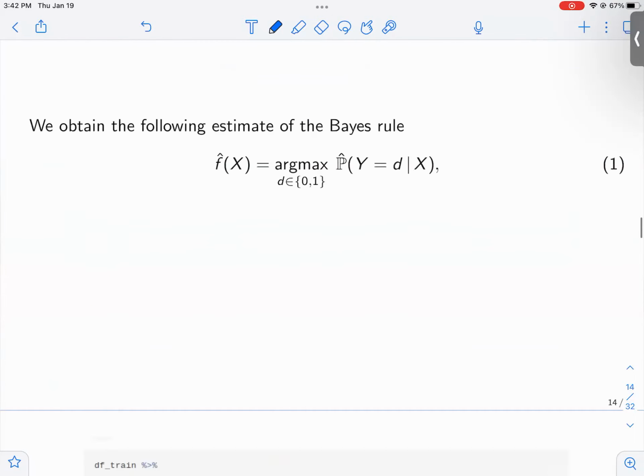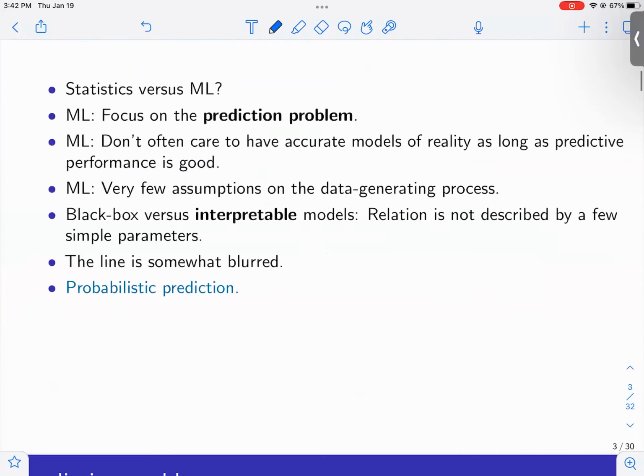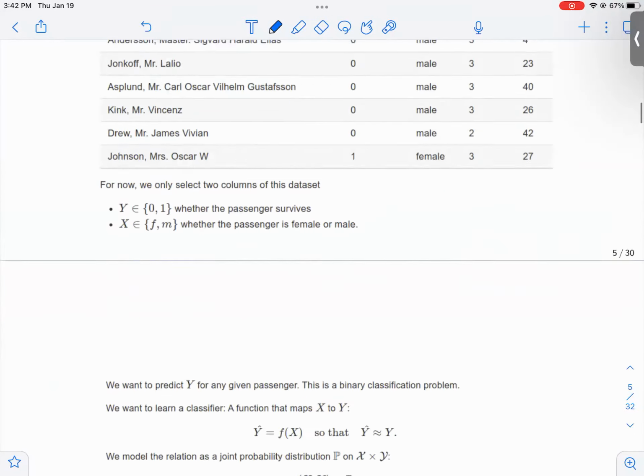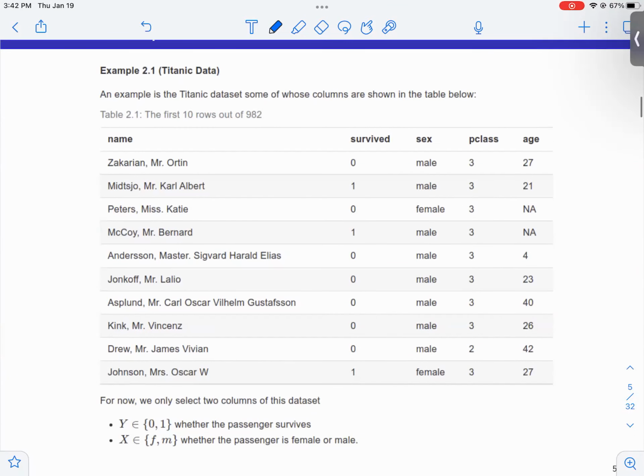So let's say this is the data. I have a rule, a classifier. How can I measure how well I'm doing? Yes, look at the number of misclassifications. Okay, so how do I do that?